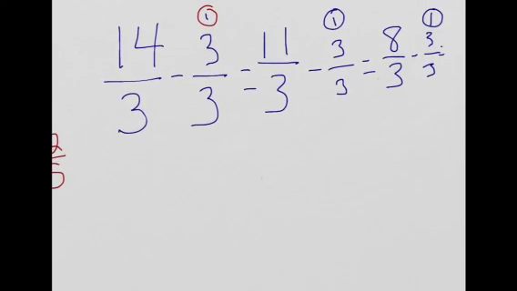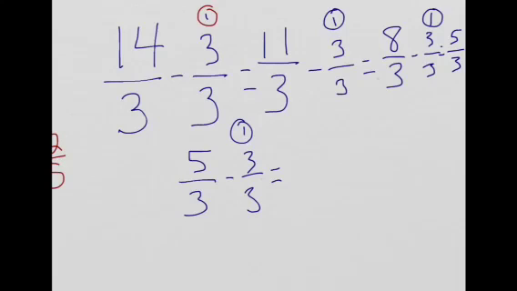I ran out of room, so I'm going to bring that down here. 5 thirds. Now I can take away 3 thirds one more time. Another one up here. 5 minus 3 is 2. And there's still thirds. And I can't take 3 thirds away again.